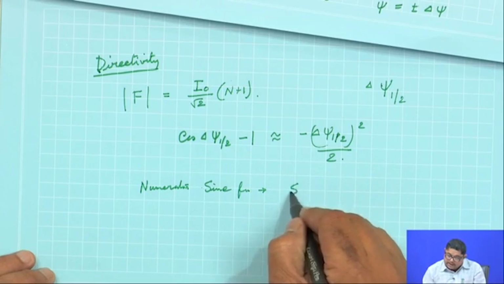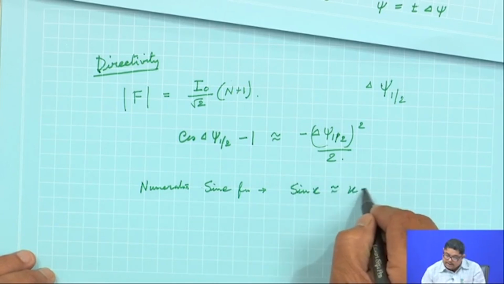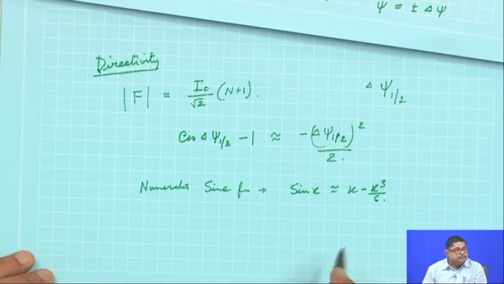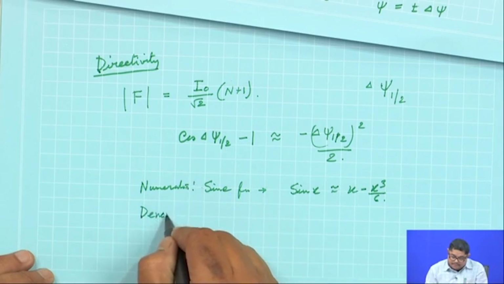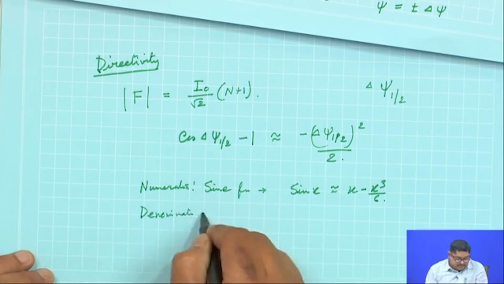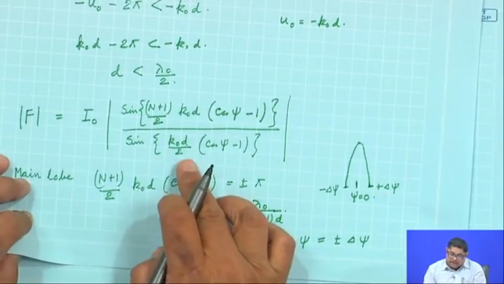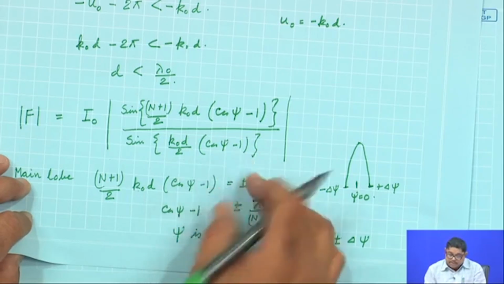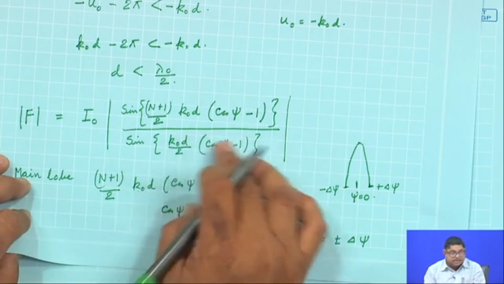So, what is sin x? Sin x is x minus x cube by 6, and in the denominator you have the sin of k naught d by 2 into cos psi minus 1. Now, cos psi minus 1 is small, so this overall thing is small.